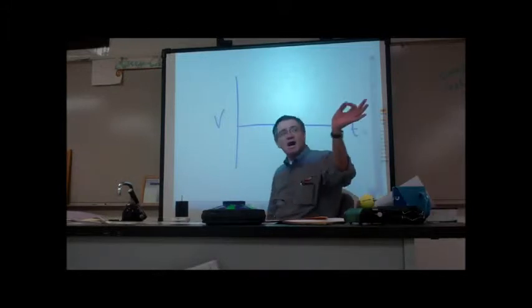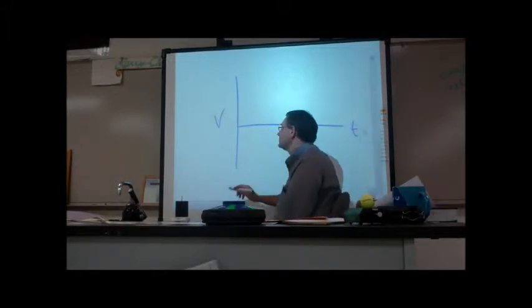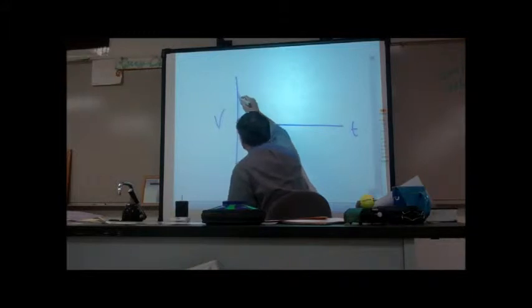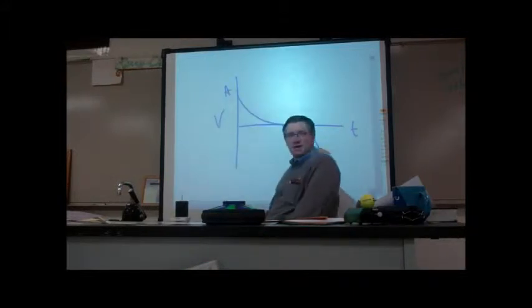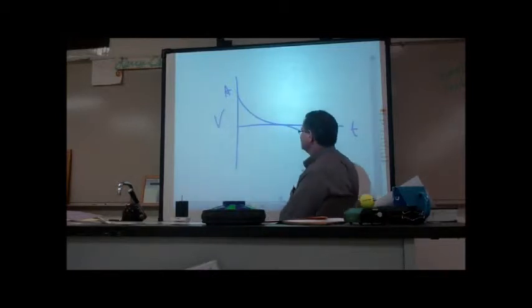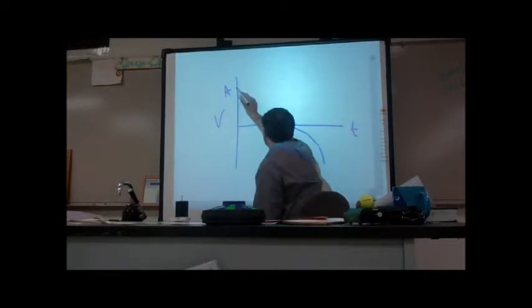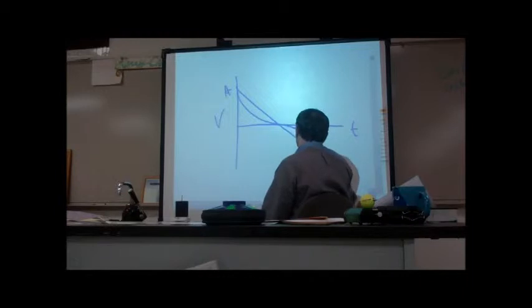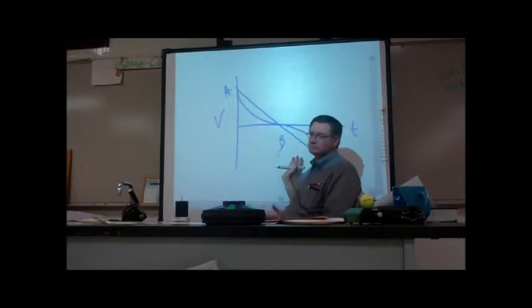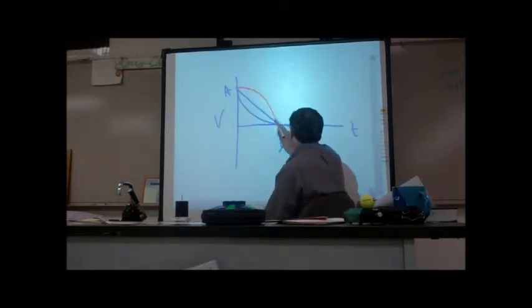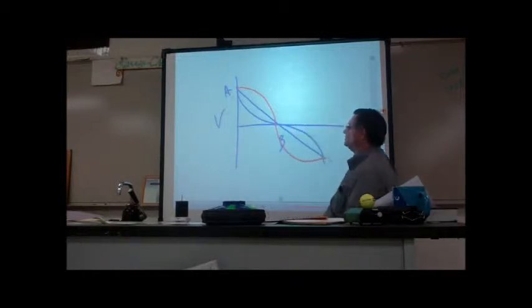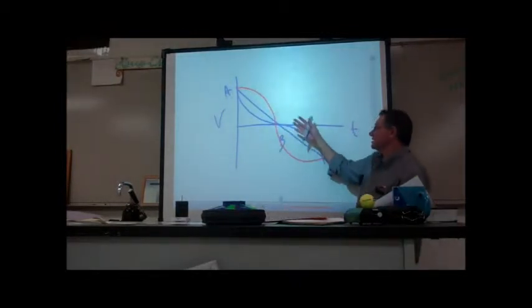I'll give you three options on the velocity time graph. There's A, okay? Whoop. And then here's B, boring. And then you have C. Okay, so it's like Mick Jagger's lips.